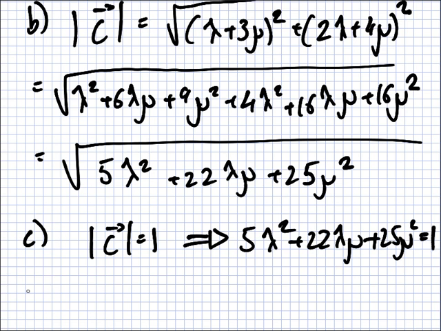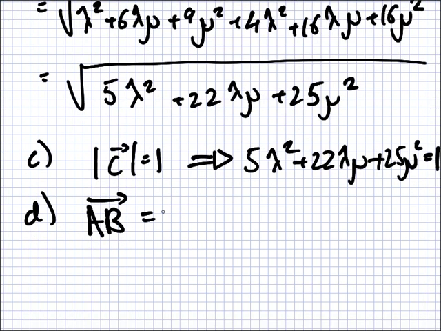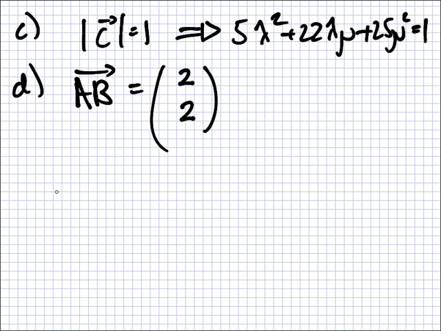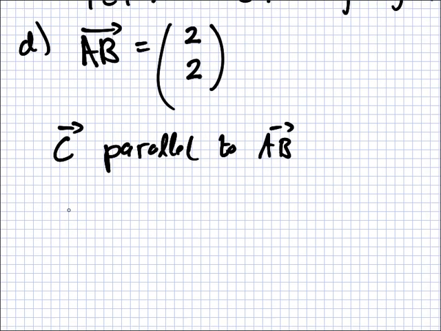Okay. D. First let me get what AB is. So AB is B minus A, which is 2 and 2. Yes. Okay. Now, you are told that C is parallel to AB. And what did we say C was earlier?